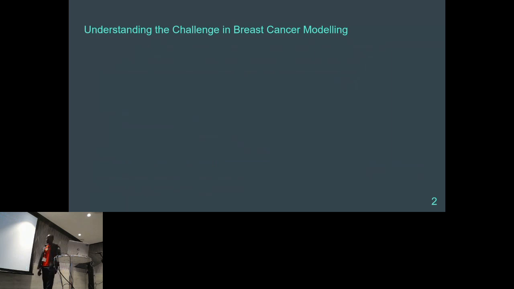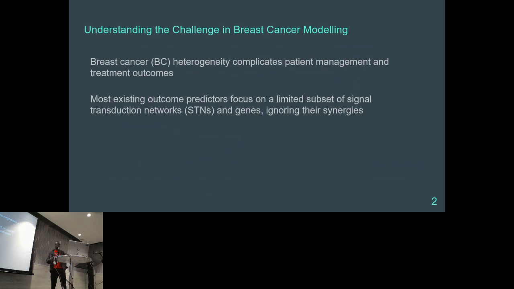Now, what are the challenges that we experience with modeling breast cancer outcomes? One is that most breast cancer outcome modeling approaches are faced with the challenge of covering a subset of the signaling pathways that are associated with breast cancer.